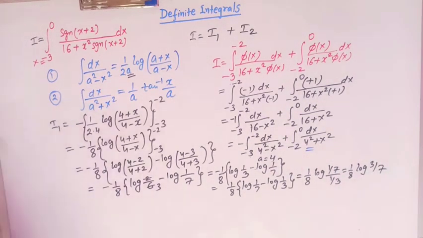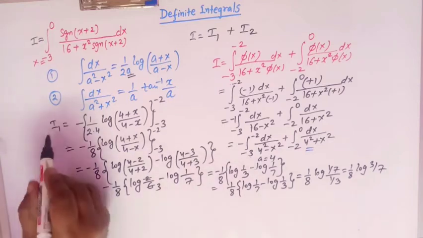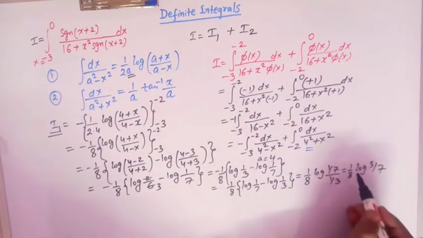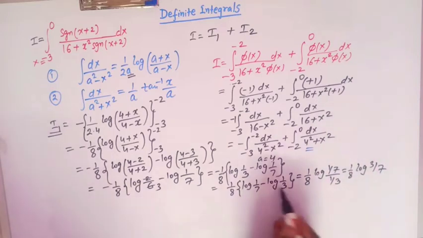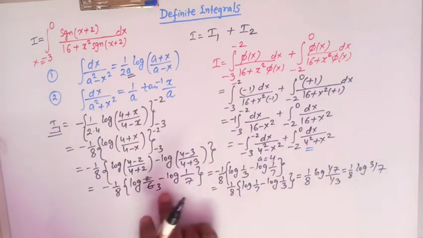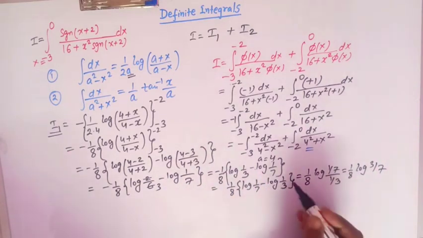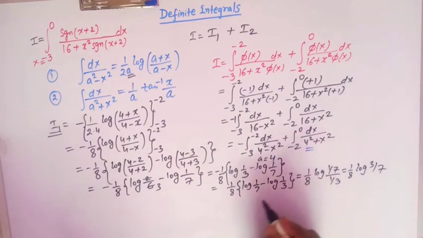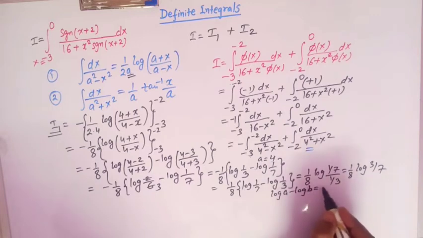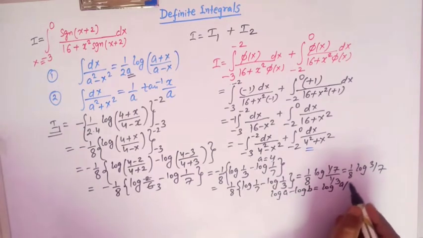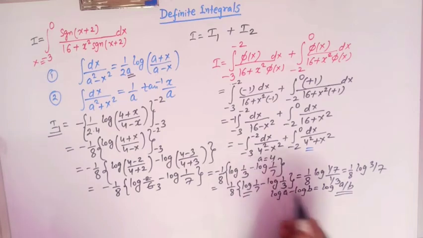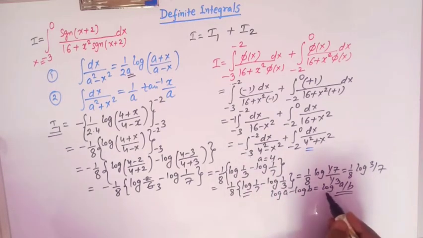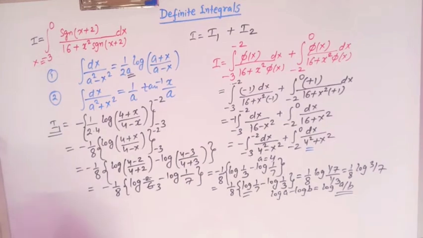So the value of I1 is 1 over 8 log 3 over 7, and here we have used some properties of logarithms, that is log a minus log b is equal to log a over b.